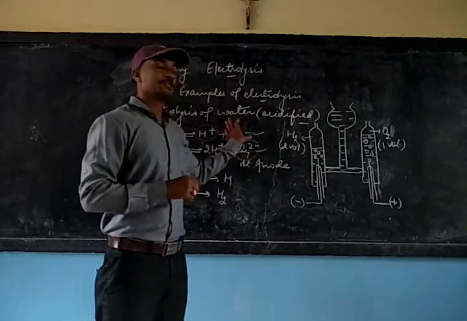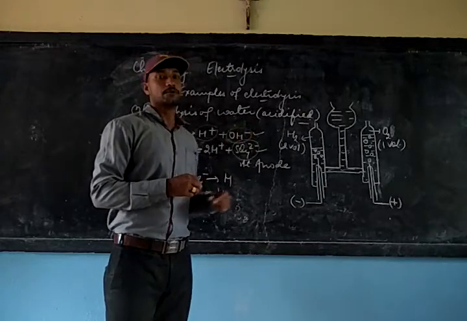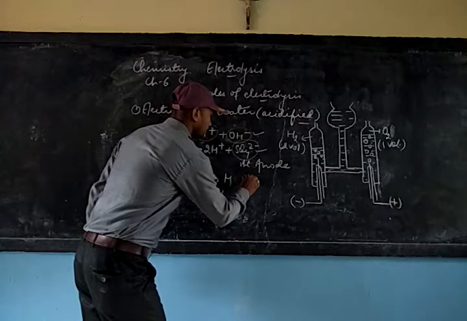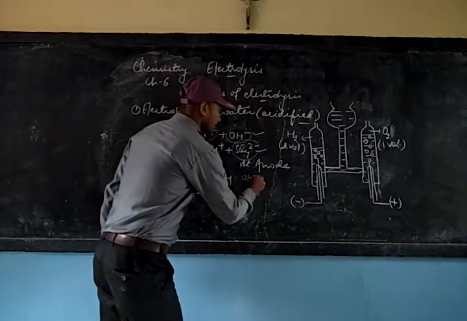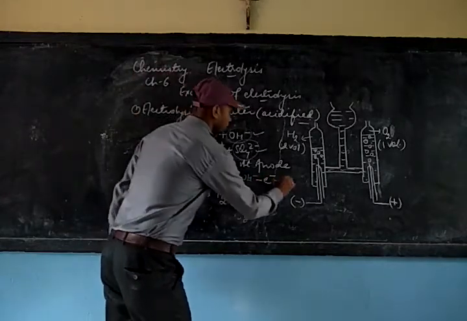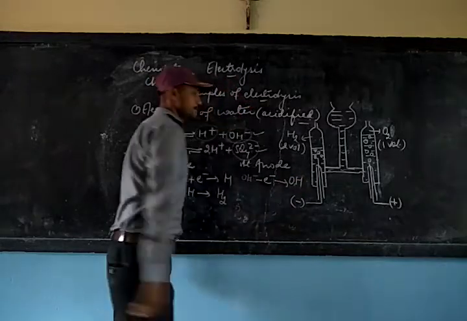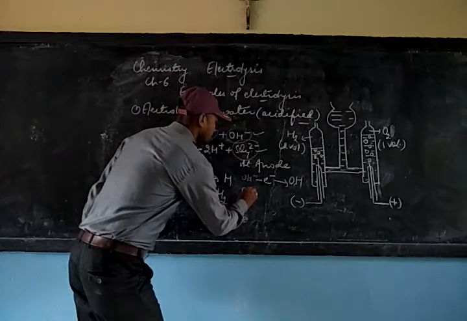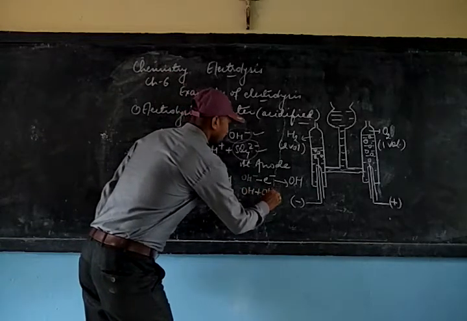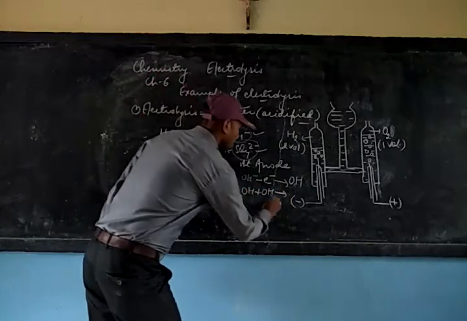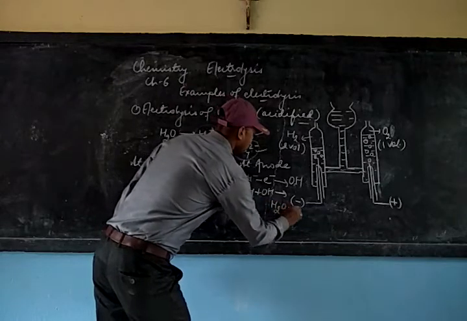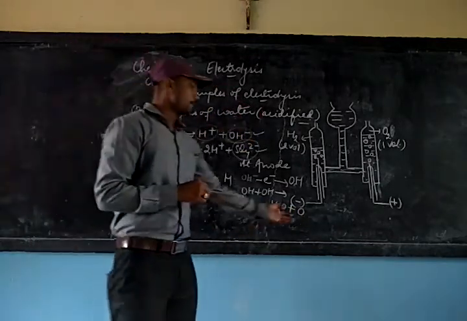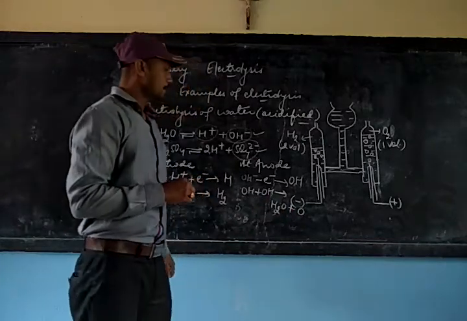So the discharging process will be first for the hydroxyl ion, where you can show hydroxyl ion, that is OH- ion, giving out one electron to change into OH group, hydroxyl group. Again, two such hydroxyl groups can be shown to form water and nascent oxygen. This is called nascent oxygen, which is highly unstable.